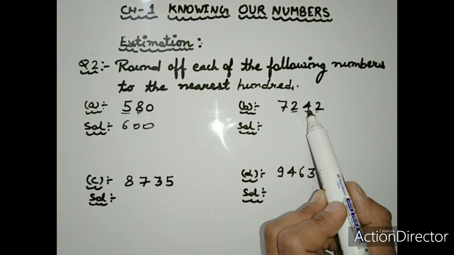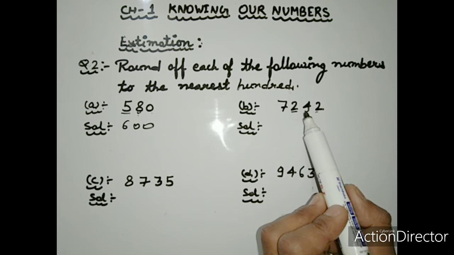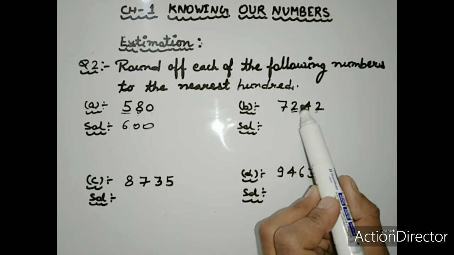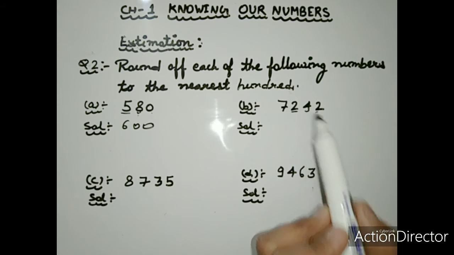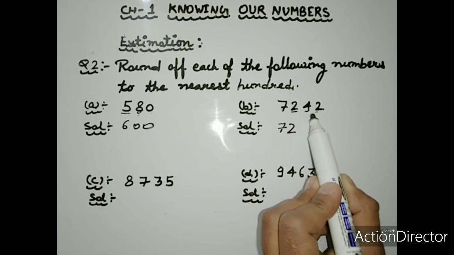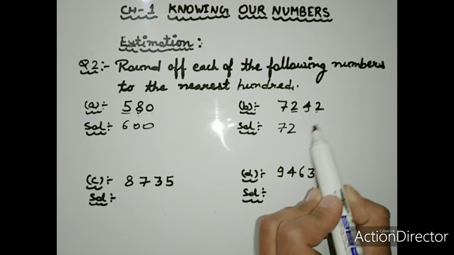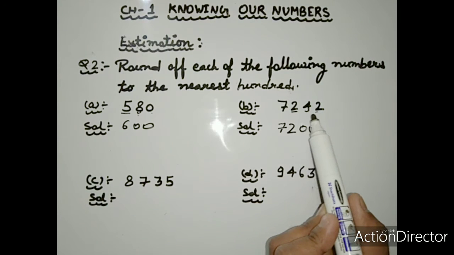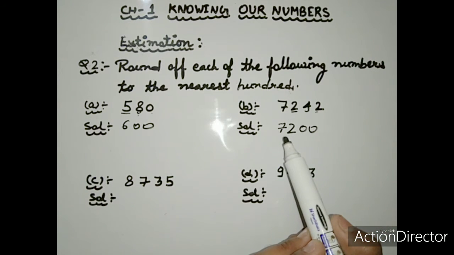So the rule of nearest 100 says that if the digit on the right-hand side of the required place is smaller than 5, then the digit on the required place remains the same. So here we write 7, 2, and the other digits are replaced by 0. So the number 7242 is nearest to 7200.